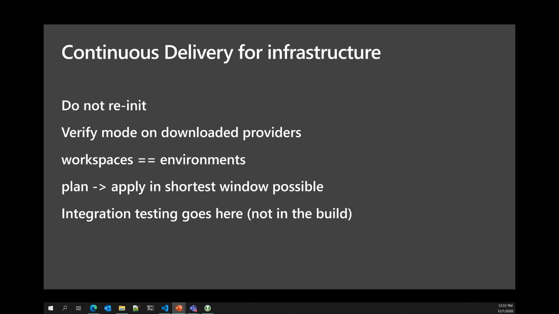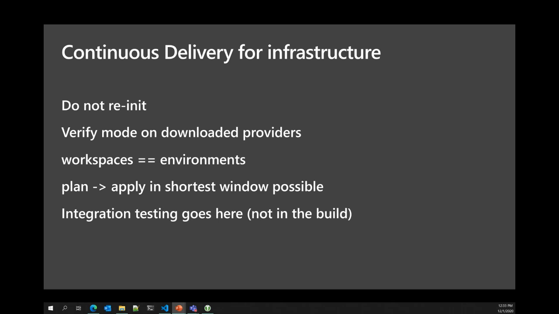The idea is that we have one definition and many workspaces, and at least some of the workspaces map to our environments. As we take that definition and stamp it out in our different environments, we just change from one workspace to another. That's not to say you might not also have workspaces mapping to things like feature branches or topic branches within your repository, but it's really critical that you have workspaces that map to your environments.